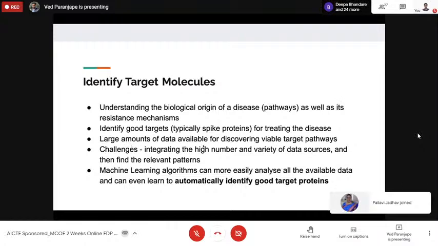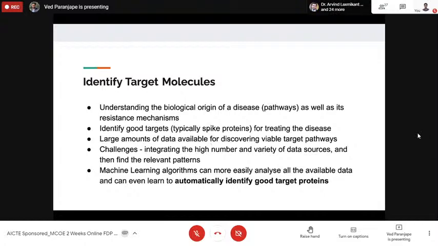Large amounts of data are available for discovering viable target pathways. Accurately finding these spike proteins takes a large amount of data, which is available in the medical community. It's just untapped. We need good algorithms and good quality data to really automate all this. The challenge is integrating the high number and variety of data sources and then finding the relevant patterns.